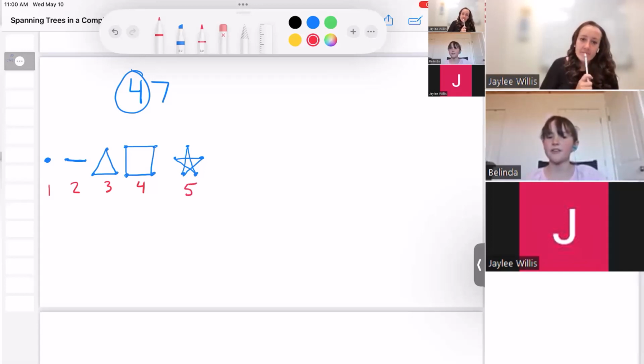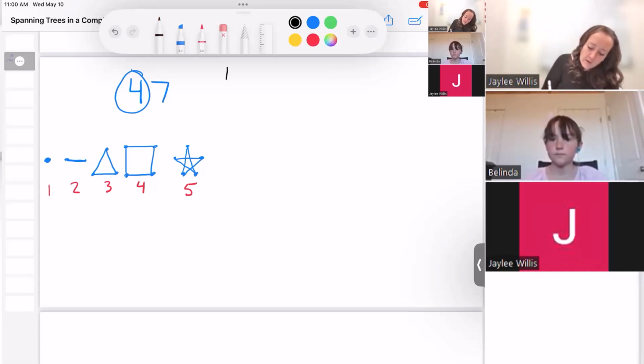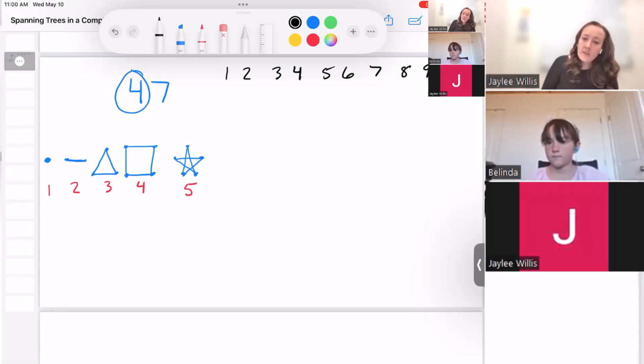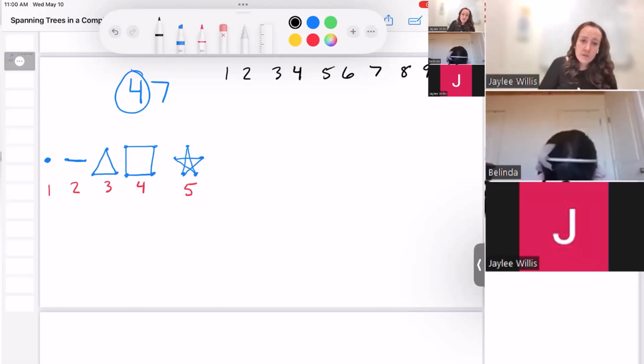Wait, are we only going to have six shapes? That's a good question. Okay, so let's look at our number system. We go 1, 2, 3, 4, 5, 6, 7, 8, 9. And then the number 10 doesn't actually have its own new symbol, right? The number 10 is a 1 and a 0. That represents when our fingers get full.